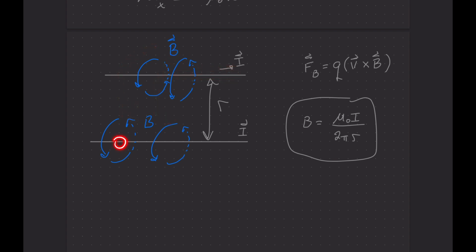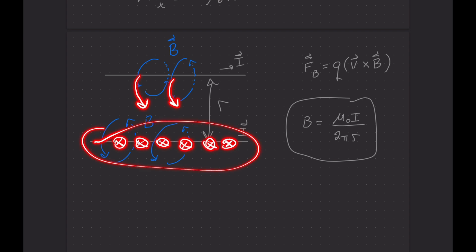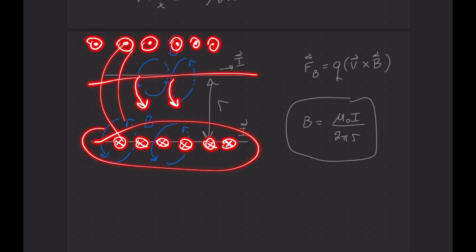So exactly at this point, the magnetic field of the wire above will be going into the page. Is that correct? Yes, because imagine this, boom, it points into the page right at this stage. All the way above the wire over here, this wire will be creating a magnetic field coming out of the page, and then above it'll be going from up to down like this, circulating around.